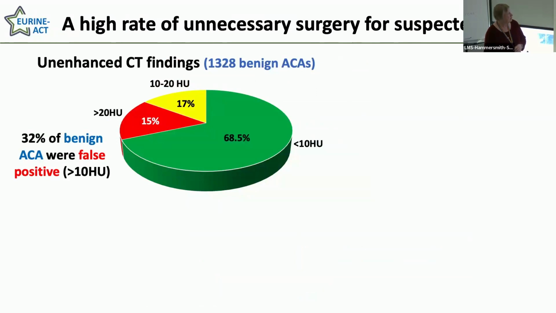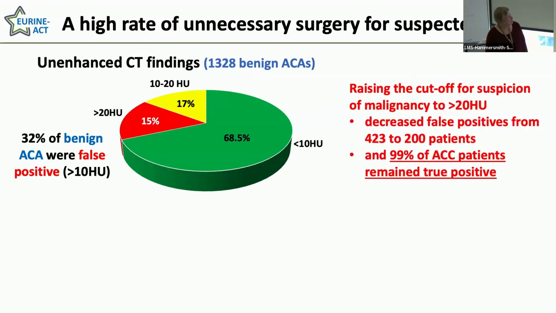And as you see, only 2/3 make the old cutoff of 10 Hounsfield units. But 32% would have been suspicious of adrenocortical carcinoma with the old cutoff. But we could nicely demonstrate that 20 Hounsfield units is the cutoff we should use from now on. It's a major outcome of the Urine ACT study. But you see still 17% left who are adenoma, and still seem to be suspicious of ACC.